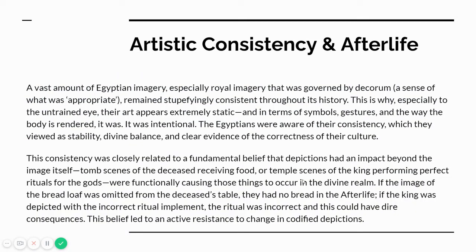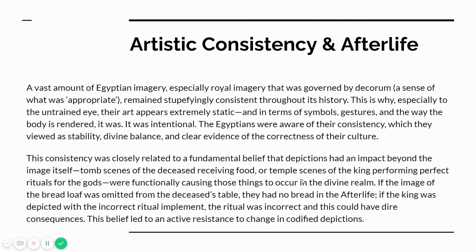So with that being said, what you need to understand is why. Why is it almost identical? Did Egyptians just not grow and develop? Obviously, that's not the case. What is important to understand is that the consistency throughout this history is the exact opposite.